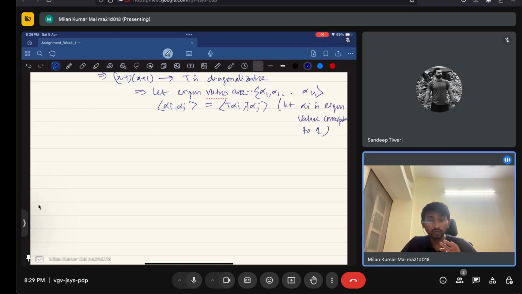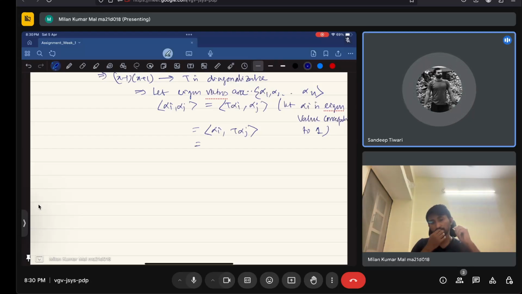If alpha j corresponds to minus 1, then I have to take minus 1 on the left hand side. Alpha i comma T alpha j, because T is self-adjoint. I have to show that alpha i, alpha j equals 0. That means if I can show that this is minus, then it will be.